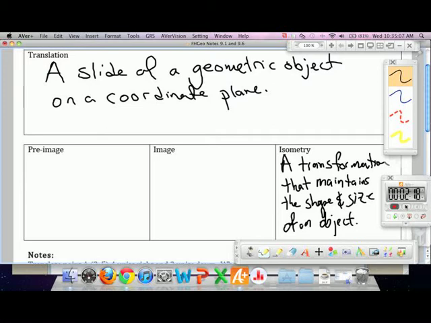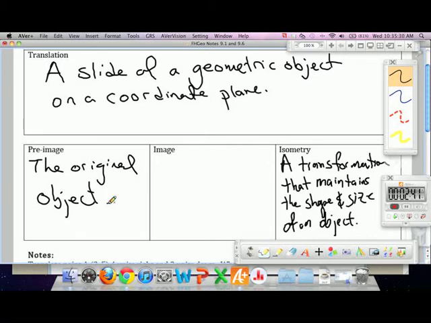Two other vocab words that you encountered a little bit yesterday that I'm going to make sure we're very clear about are pre-image and image. A pre-image is the original object. Pre being before, so this is before we've done anything to it.